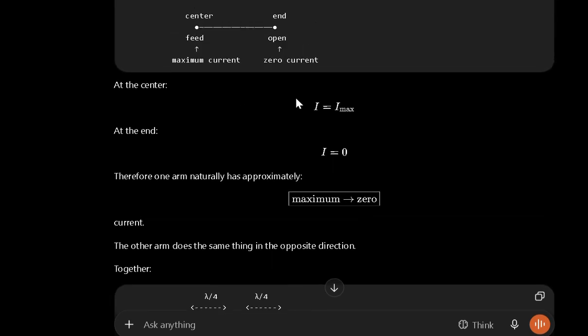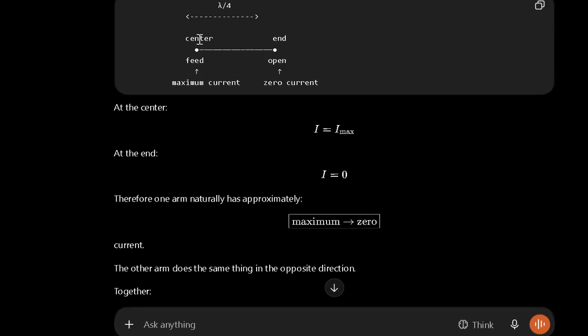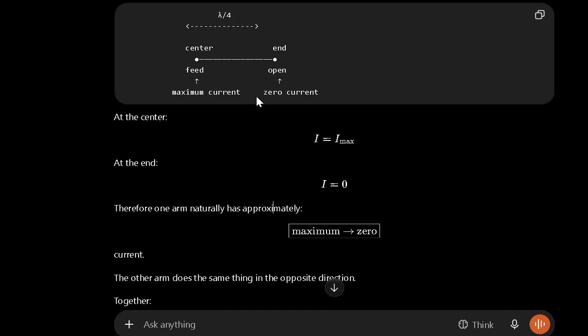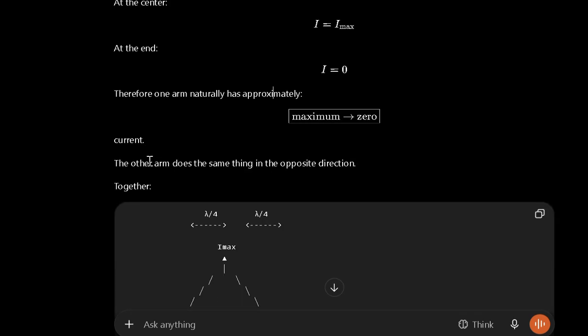Here at the center, maximum current will be there, and at the end, zero current, I equals 0. It is just the current distribution along that line.